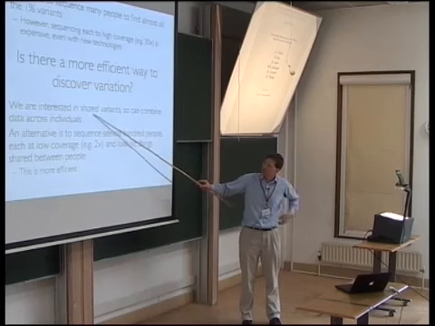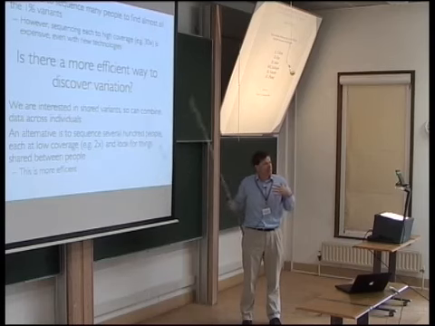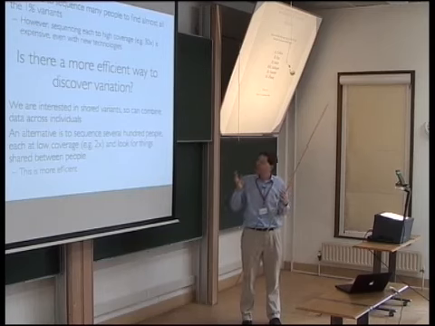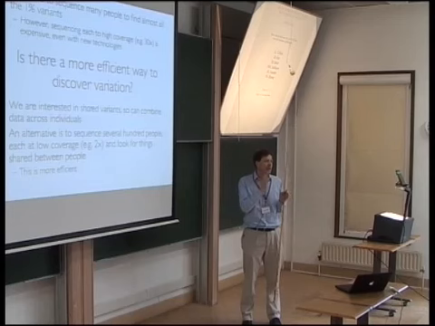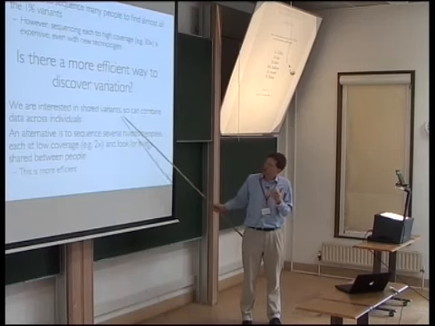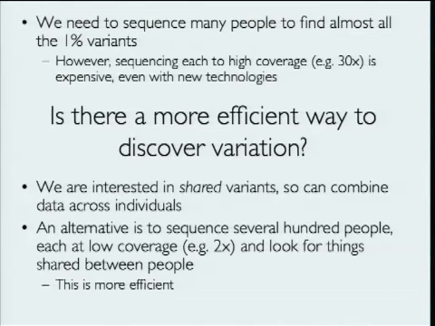Well, what we're interested in is shared variants if we want to describe the distribution in the population. We probably aren't interested, in the first instance, in individual variants that are private to an individual. So we can combine data across individuals, and arguably we should. An alternative approach to sequencing each person to high depth is to sequence more people, but at low coverage. We can use the same amount of sequence. And sequence is still expensive.